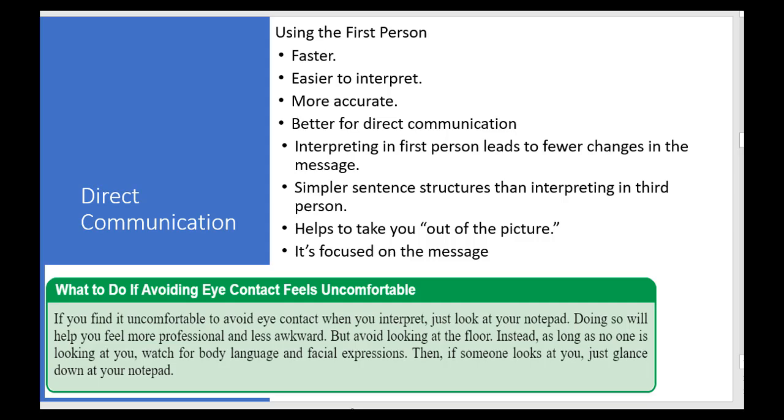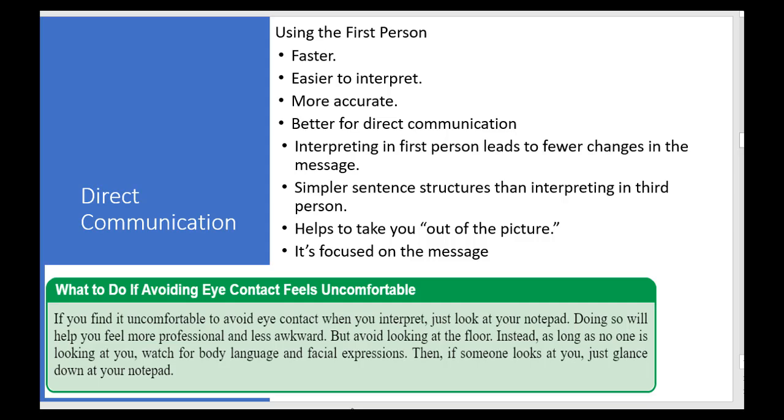It is a simpler sentence structure than interpreting in the third person. He said, if you could please, and she said. So it's much easier to say it as we have heard it. And the conjugation is easier because we are saying it exactly the way that we hear it.